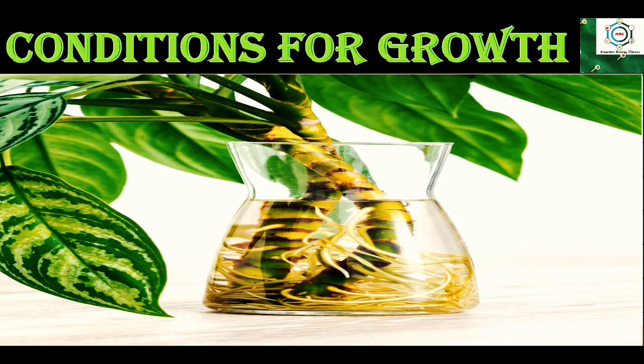The water mainly absorbed by the roots is used in photosynthesis and other metabolic processes and ultimately lost by transpiration. Excessive transpiration or water deficiency in the soil causes water stress in plants. It has been observed that growth is considerably retarded during water stress, and sometimes excess water stress stops growth.